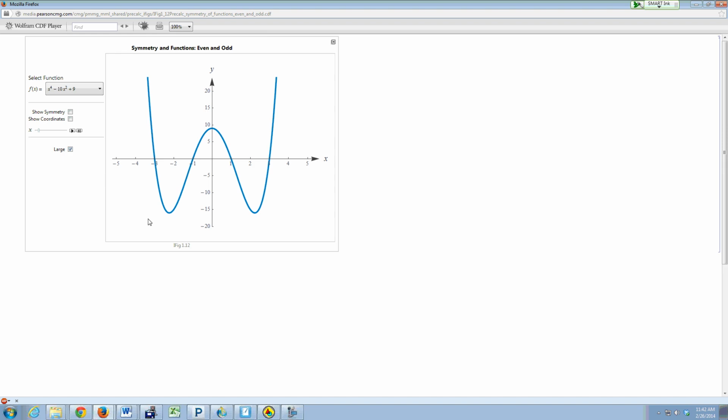Here's my function. My function here is f of x equals x to the 4th minus 10x squared plus 9. It's a 4th degree polynomial function, and this is its picture. And this extends forever and ever in that direction.